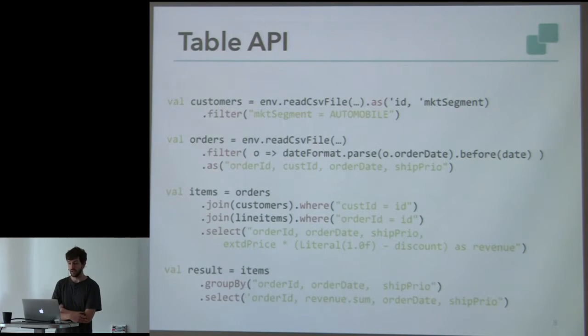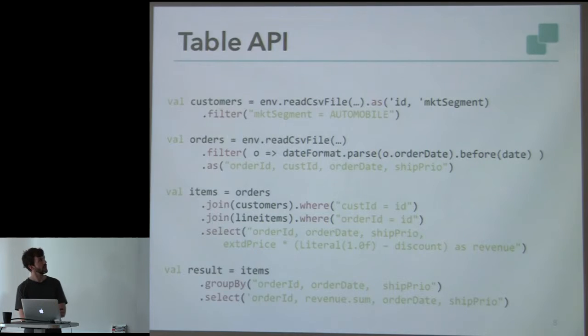For having some kind of SQL-like functionality, because a lot of people ask for it, in Apache Flink there exists the Table API, which was developed recently by a student, and which is a really cool way of just selecting and joining data if you don't want to do very sophisticated data analytics.